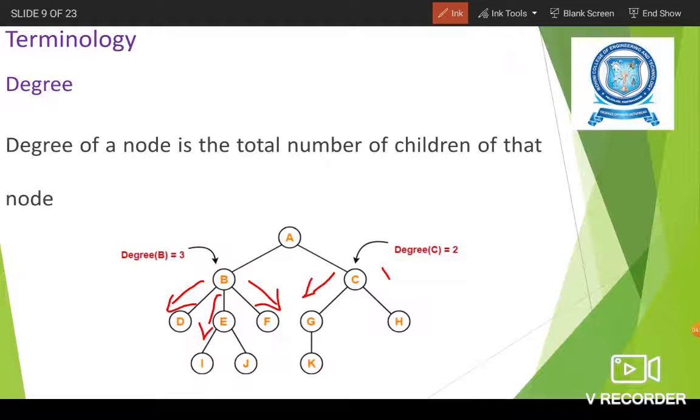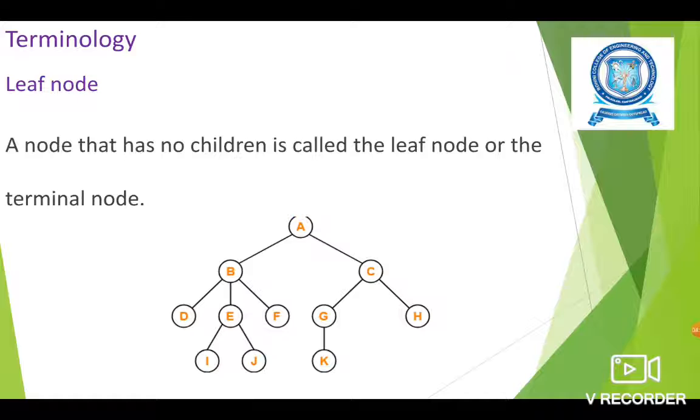It has 2 children. So the degree of C is 2. What about the degree of A? So A contains 2 children, B and C. So the degree of A is 2. Okay. Hope you understood what is degree.